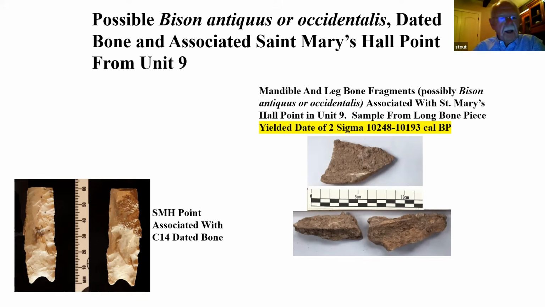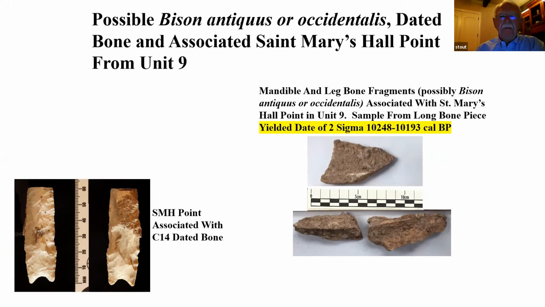The point there to the left was in association with the bone. And actually, after we did this dating with this point, we found other St. Mary's points that were in close association with the bone. So you cannot date the flint itself, but you can date organic material that's in association with it.